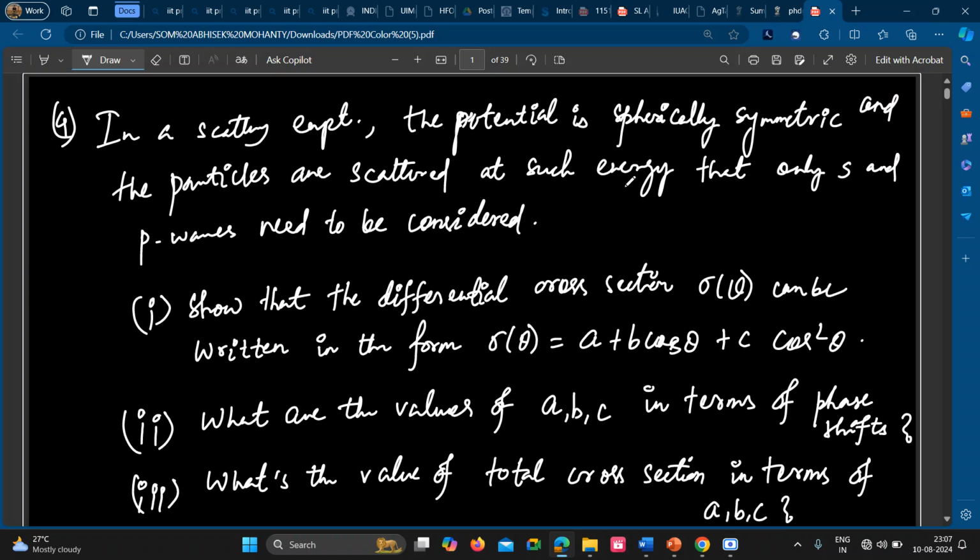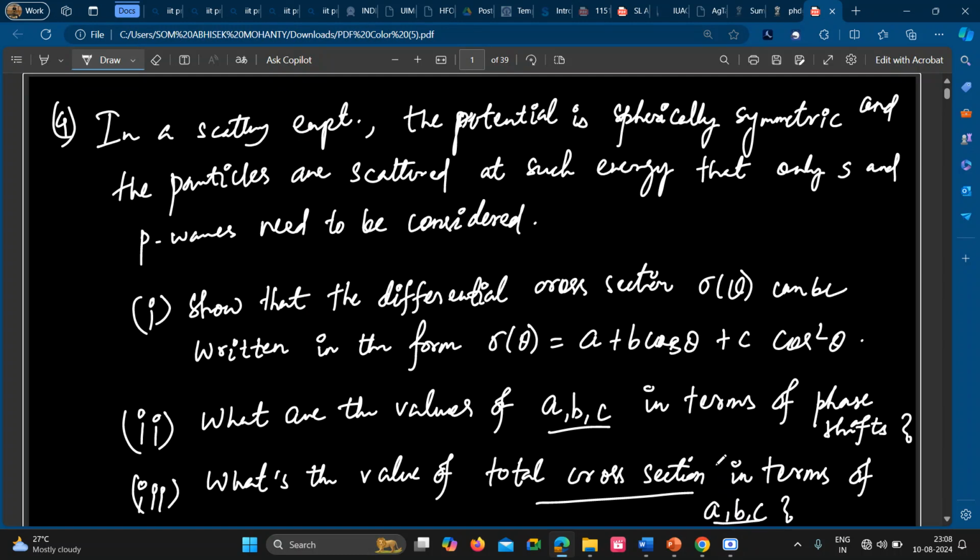The particles are scattered at such energy that s and p waves need to be considered, so that the differential cross section sigma theta can be written in this form. We have to show this. What are the values of a, b, c in terms of phase shifts? What is the value of the total cross section in terms of a, b, c?